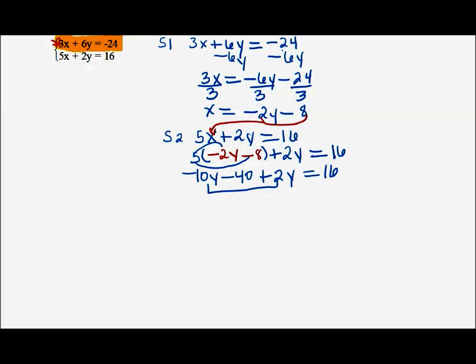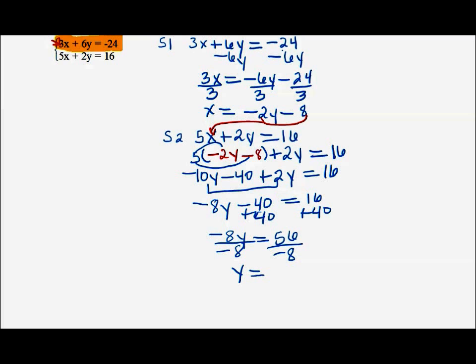So this gives me a negative 8y minus 40 equals 16. Add 40 to both sides. At this point, I'm just simply solving for y. This gives me a negative 8y is equal to 56. Divide both sides by negative 8. This gives me y is equal to negative 7. Okay?